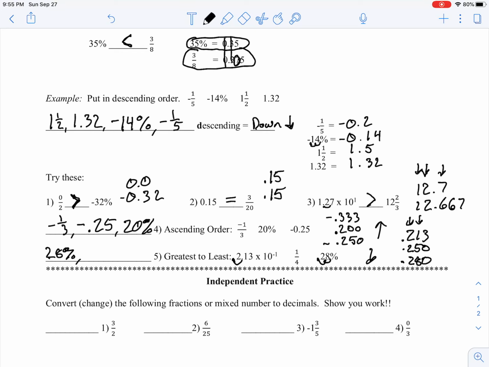We can keep comparing in this column. 5 is bigger than the 1, so 1/4 will come next. And then finally 0.213, so that was our 2.13 times 10 to the first, and now we have those in descending order, or greatest to least.